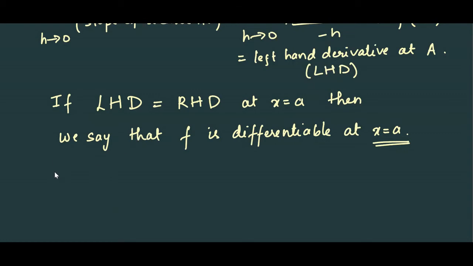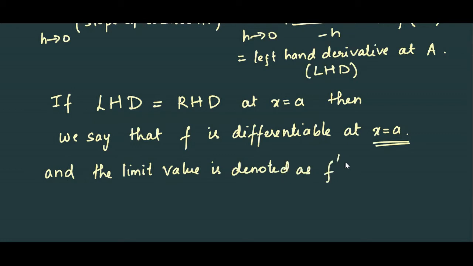Now of what? The slopes of the secants. So left hand derivative is equal to the right hand derivative. And the limit value is denoted as f dash A, which is the same as f dash of A plus, which will be the same as f dash of A minus.